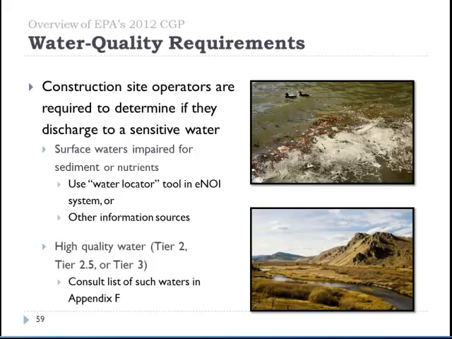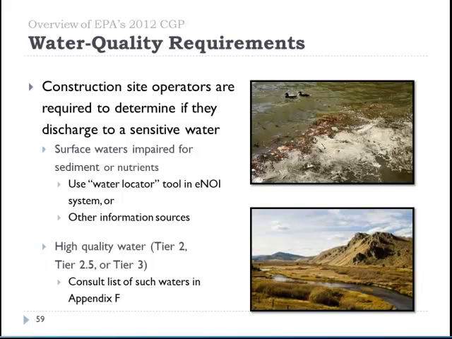As we mentioned earlier, we're developing a tool in the ENOI system that will help you determine if you discharge to an impaired water. There's also, as we mentioned, the My Waters tool, and again, you could consult with your state agency if you're not sure.